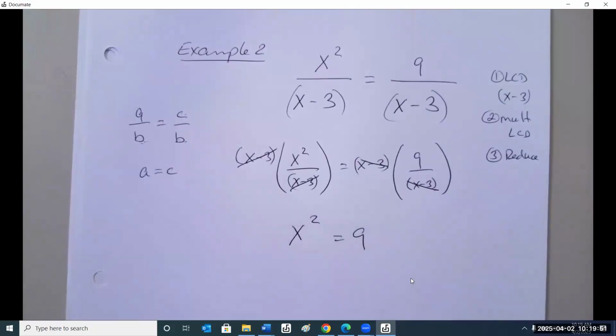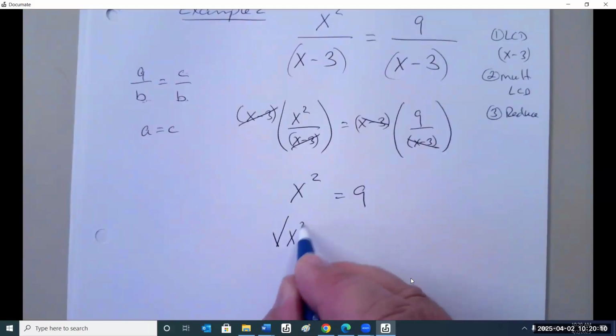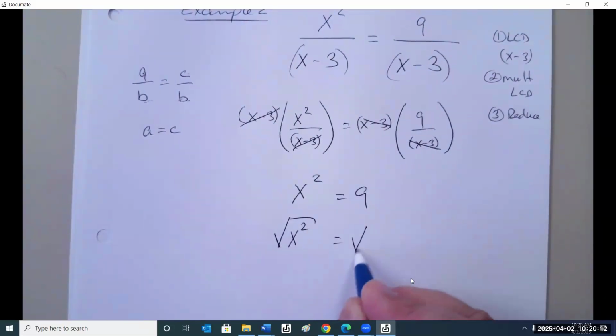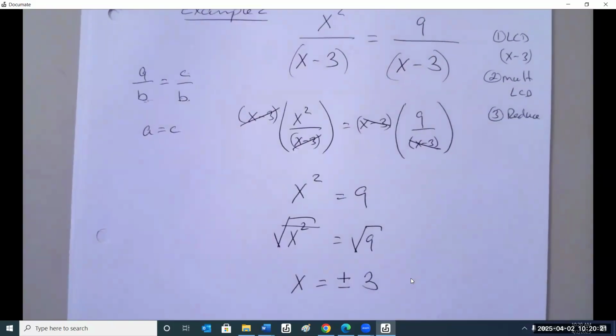So yes, it goes along with this property, with the theorem. It says if the bottoms are the same, we just compare the tops. So what's my answer? Let's see. No, because I have to square root both sides. x is equal to plus or minus 3.